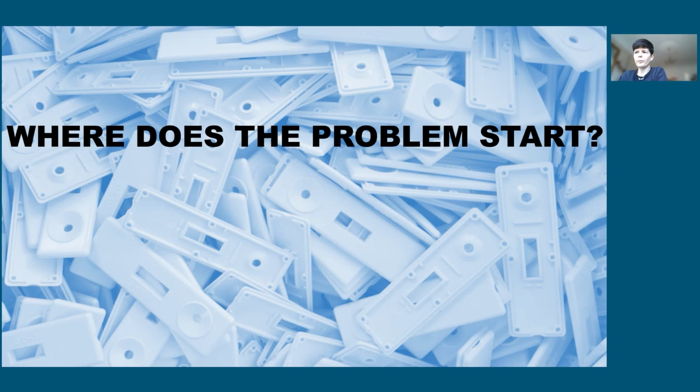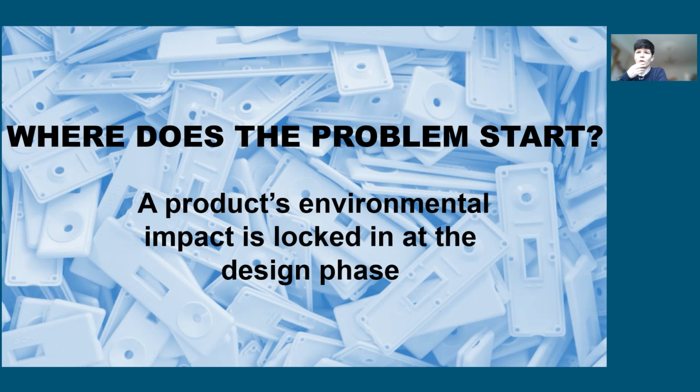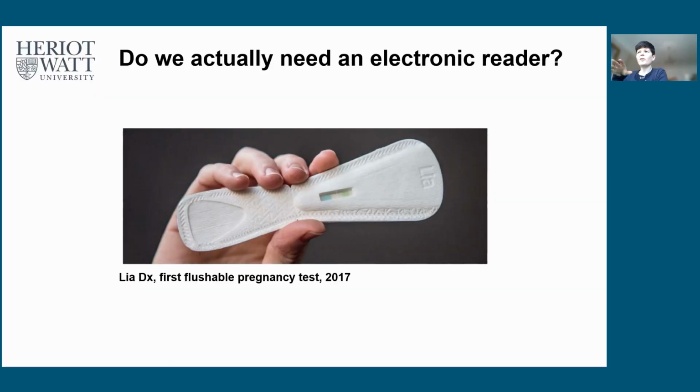So where does the problem start? It starts at the design stage. The environmental impact is often locked in at the design stage, by the decisions that you make at the design phase. So let's take a step back and think, do we actually need an electronic reader?